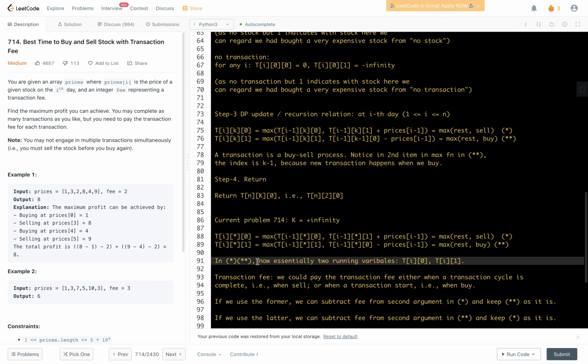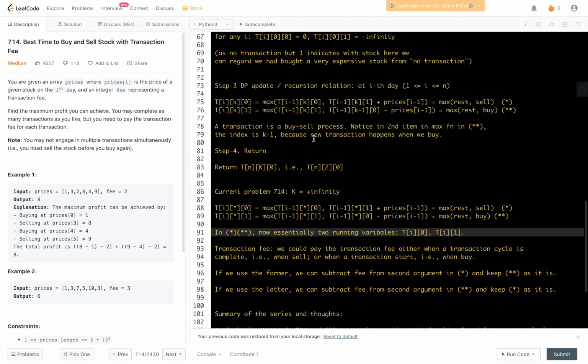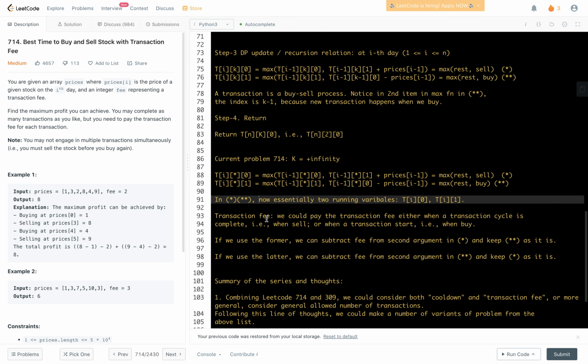So essentially they become these equations, where we replace the k. In this format, now essentially only two routing variables remain, that is TI0 and TI1. So this is actually very good. It greatly simplified the recursion relation.